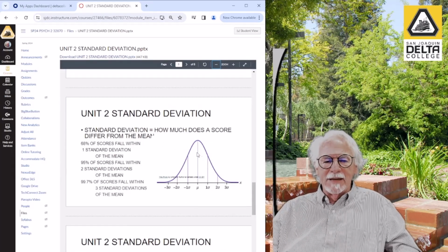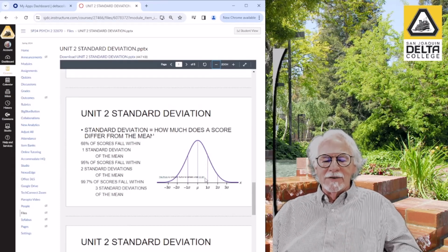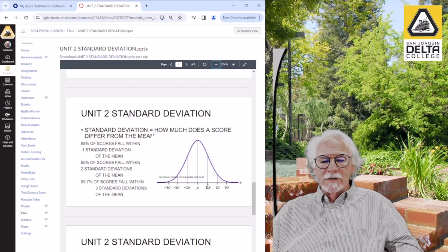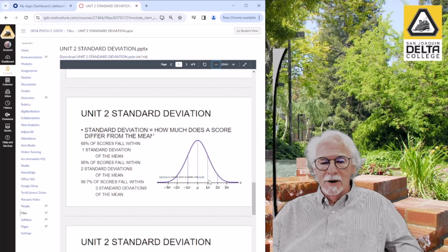The standard deviation is 4. So 1 standard deviation over here, this score is 44 plus 4, the equivalent of 1 standard deviation. So this score right here is 48.